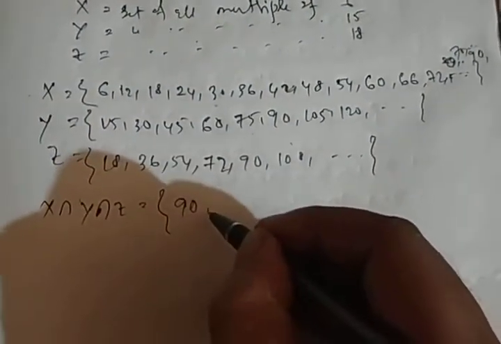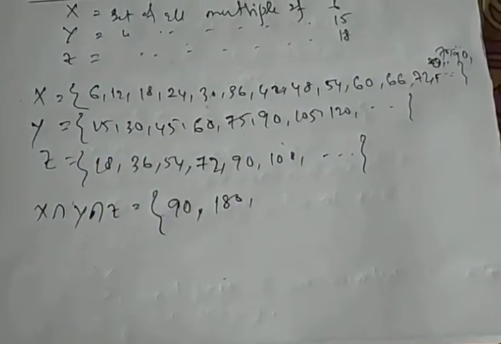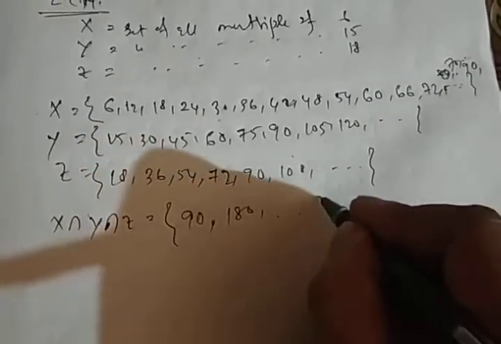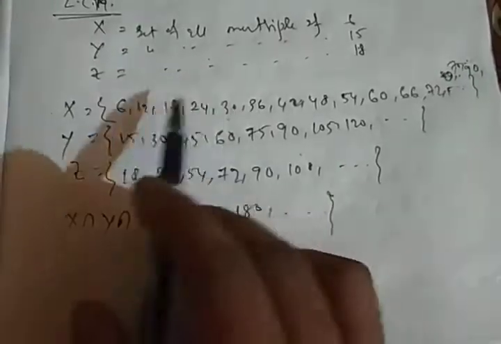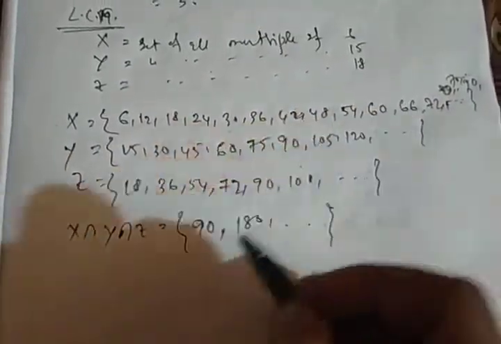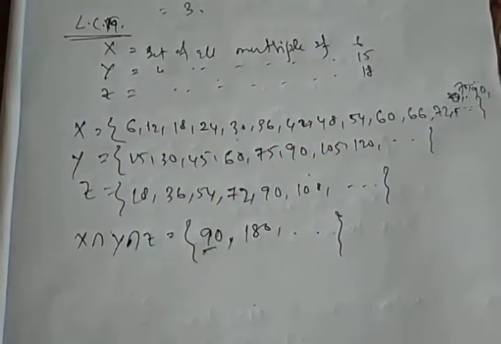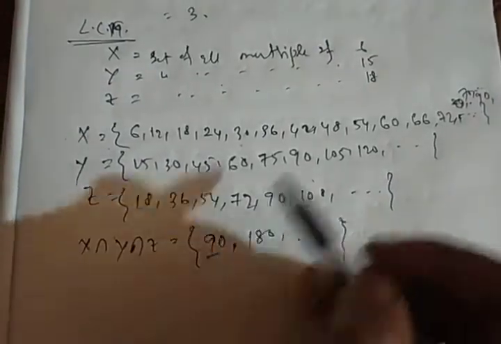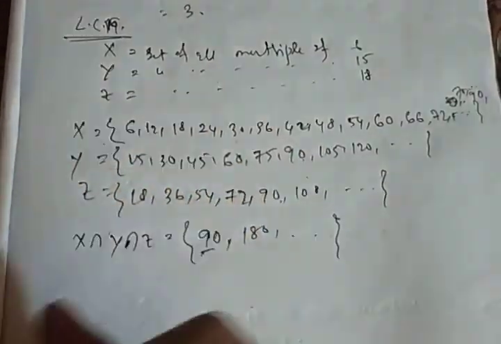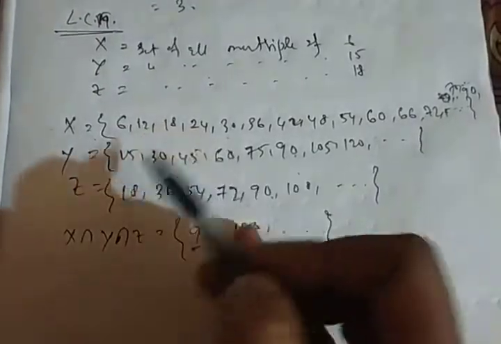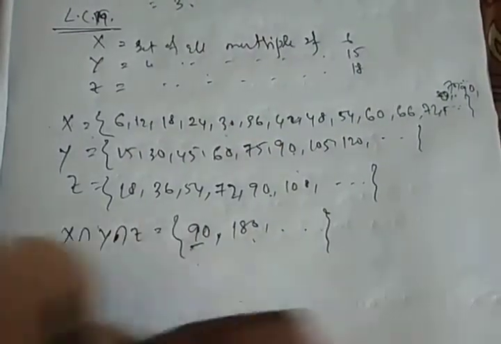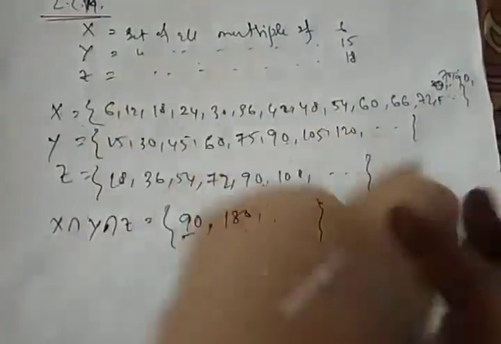Next 180, and so on. If we calculate these numbers, the first common element of x, y, z will be 90, and there will be no common element below 90, then 180, and so on.